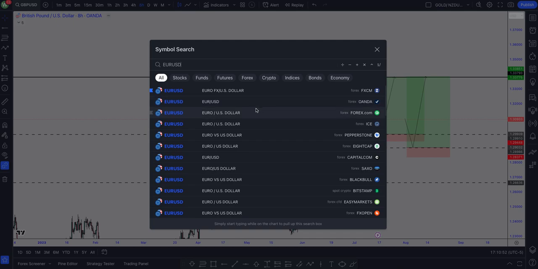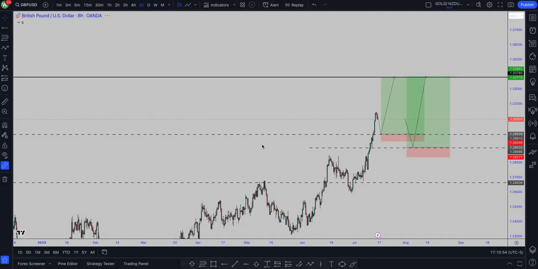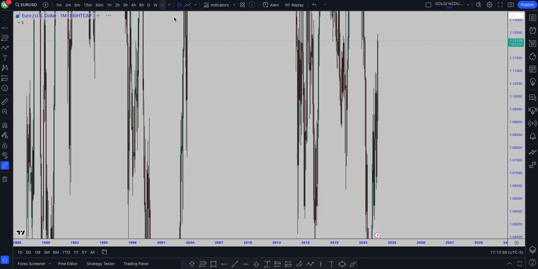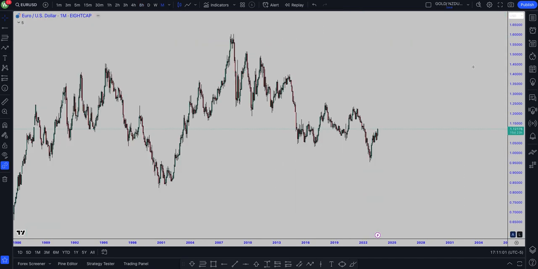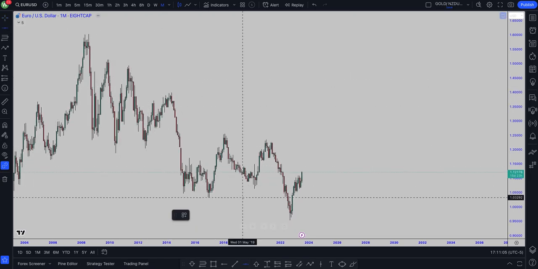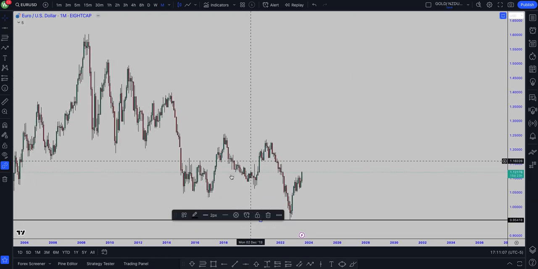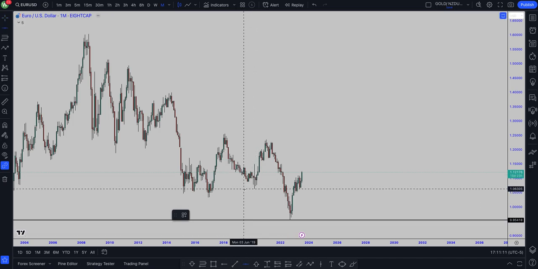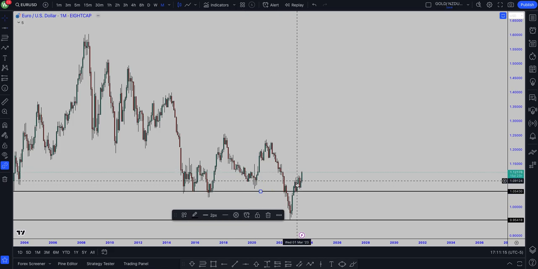EURUSD. We just use another random one. Start with the monthly. Yeah, man, I can break down all this market really quick. So we got a monthly key level here. We got another one here. I would say around this area it makes sense, because there's support here, some support there.